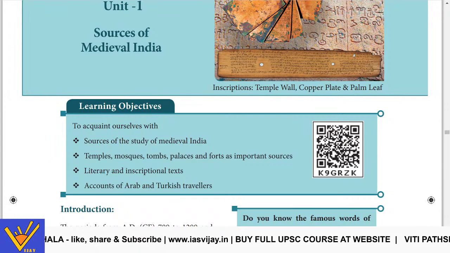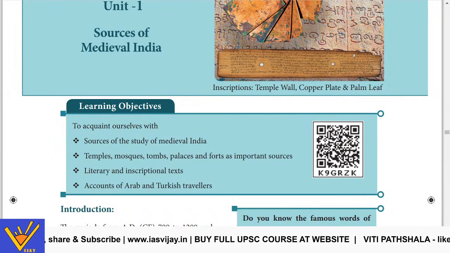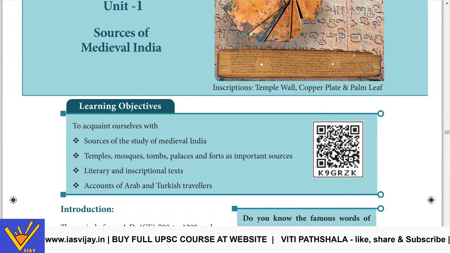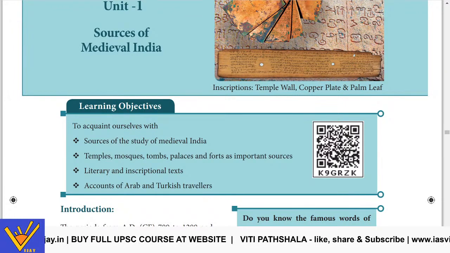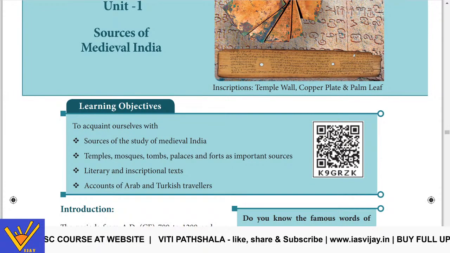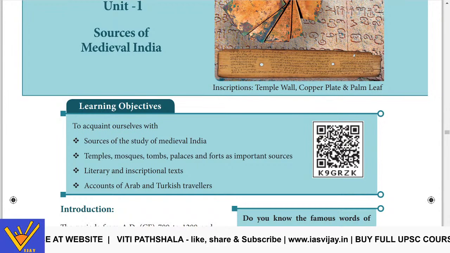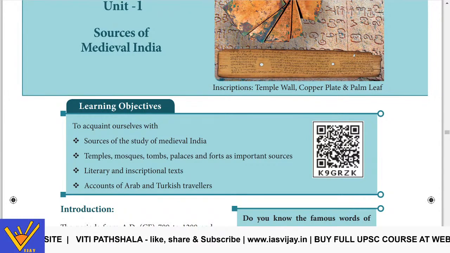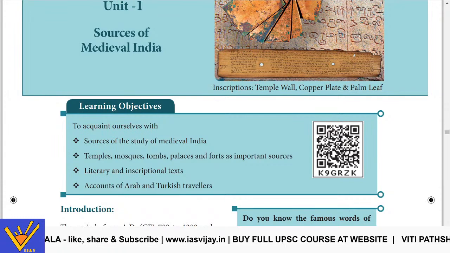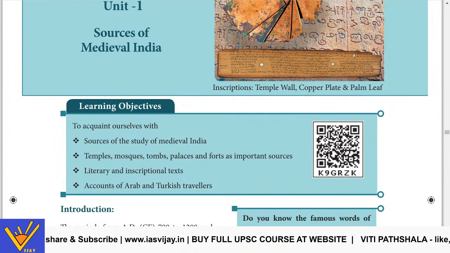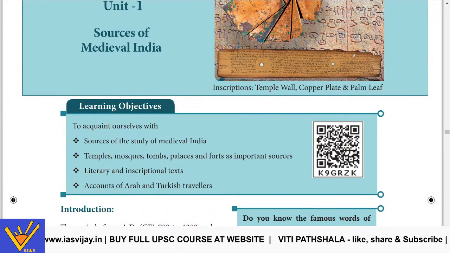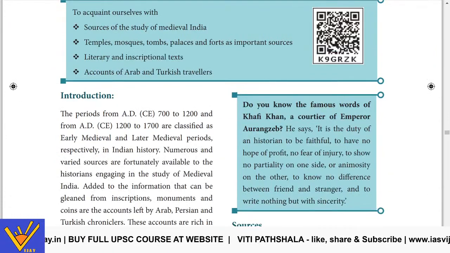Now in this chapter we would be going to study about the sources of the medieval India, temples, mosques, tombs, palaces and forts as important sources, literary and inscriptional texts, and accounts of the Arab and the Turkish travelers. We would be learning about them in this class. So let's start with this class.